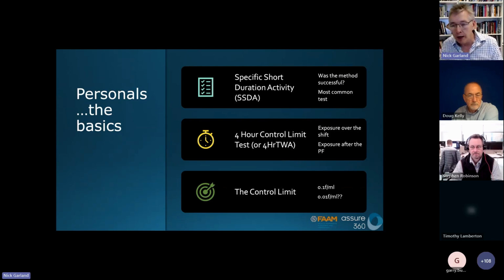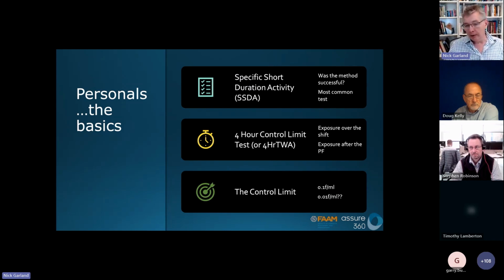Incidentally, we do 4 hours rather than 8 hours as they do in Europe, purely because of the technology at the time that we introduced this and the practicality of running a pump for such an extended period. And this test is all about the person. What is their exposure over a shift? Importantly, we can use the protection factor of the mask because we're talking about the exposure directly to the operative.